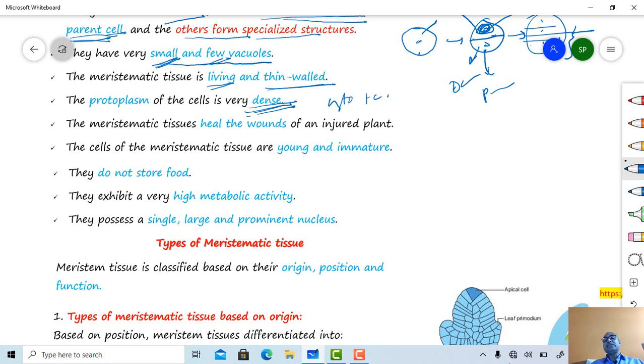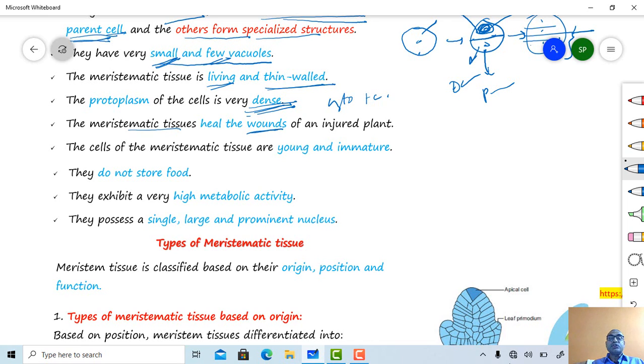Meristematic tissue heals the wound of an injured plant. This is a characteristic of the meristematic tissue. When there is any kind of injury, maybe physical, mechanical or chemical, whatever the type of wound, the healing of the wound takes place by means of the meristematic tissue.